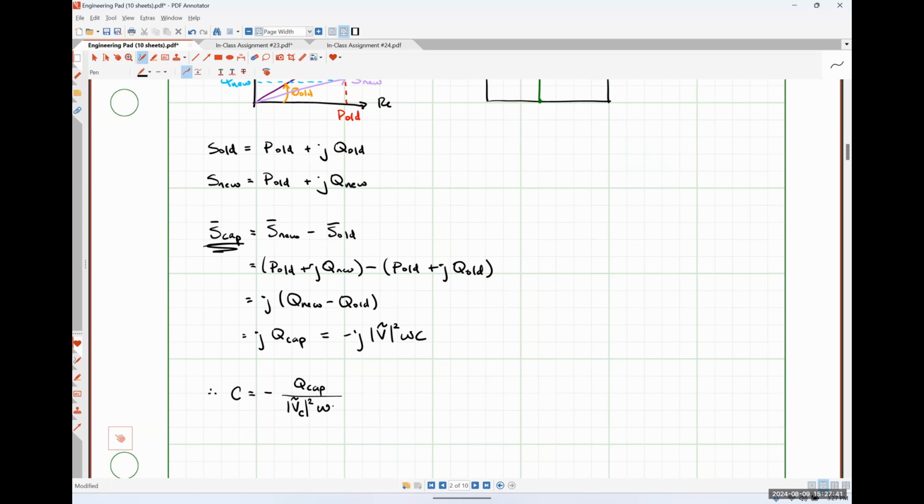But sometimes finding Q cap can be a little bit annoying. So I actually prefer this relationship.